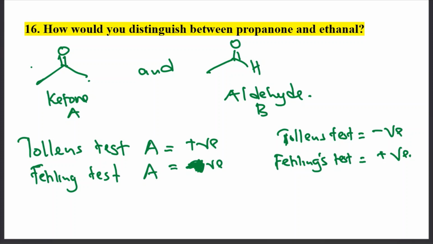So the Fehling's test will be the major difference. Fehling's test for A will be negative. Fehling's test for B will be positive. Okay. That's how it is going to be.